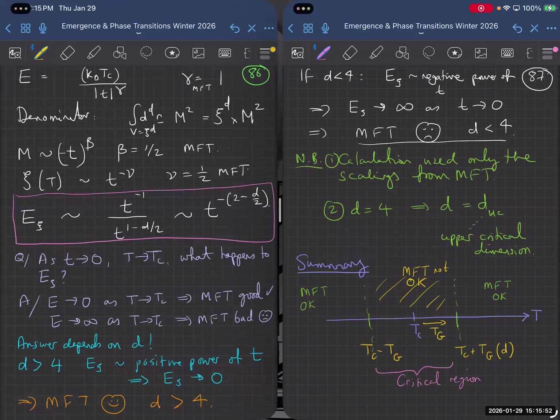Up here. Comment number 3 is the prefactor in the size of the critical region is not universal.